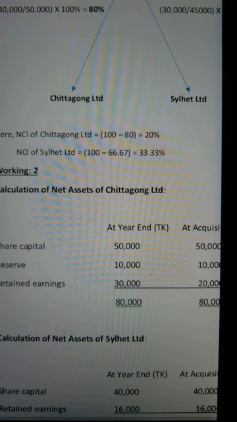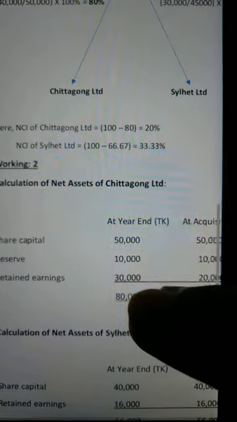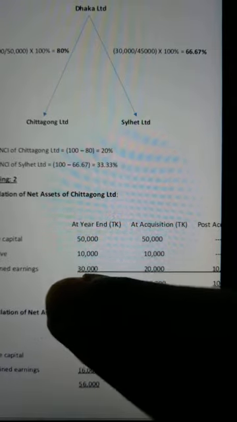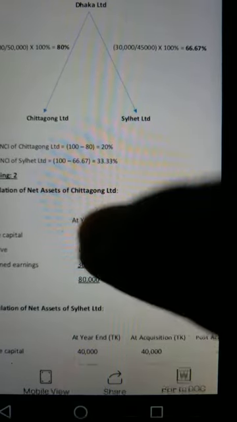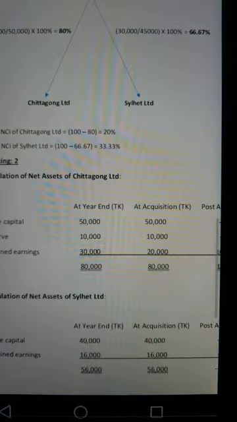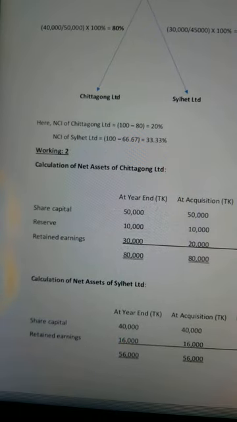Next we'll go to working number 2. Here we have to calculate the net assets of both Chittagong Limited and Silat Limited. It is important to understand which company is the subsidiary and which is the holding company.